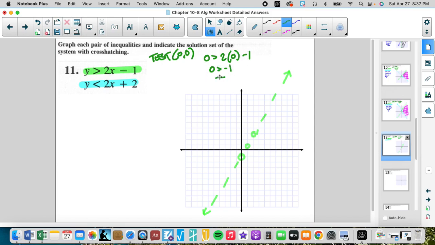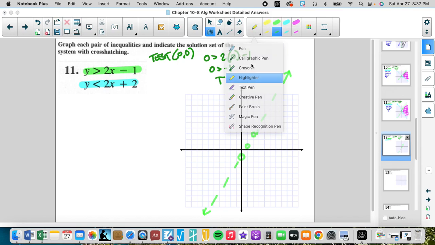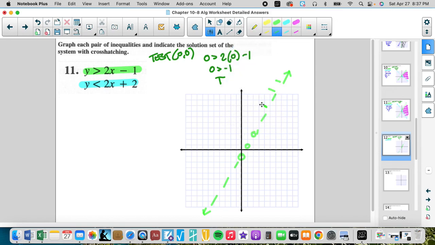That's true. So we will shade towards the true.